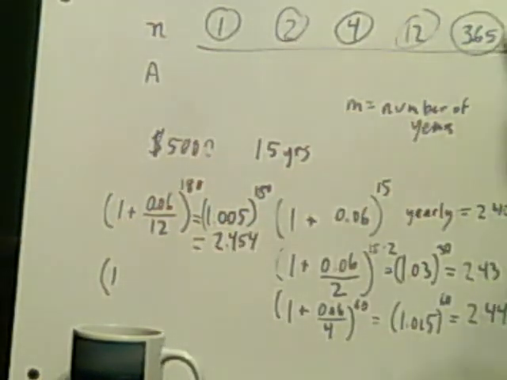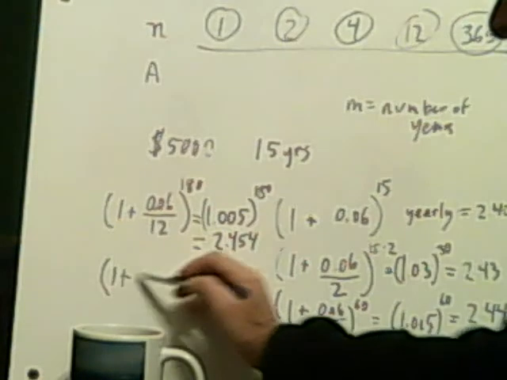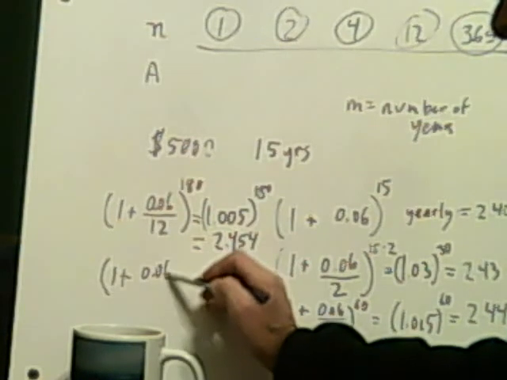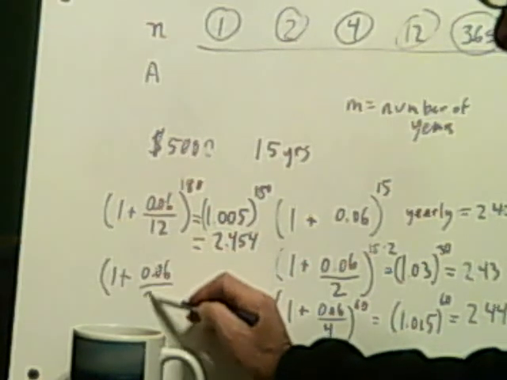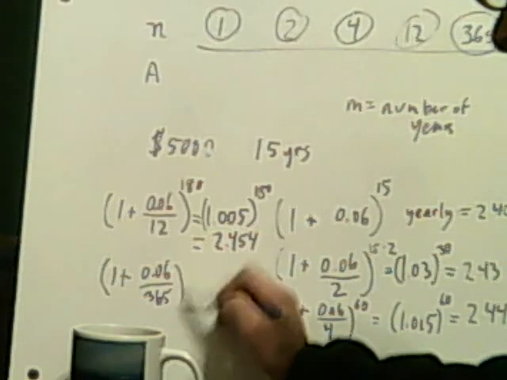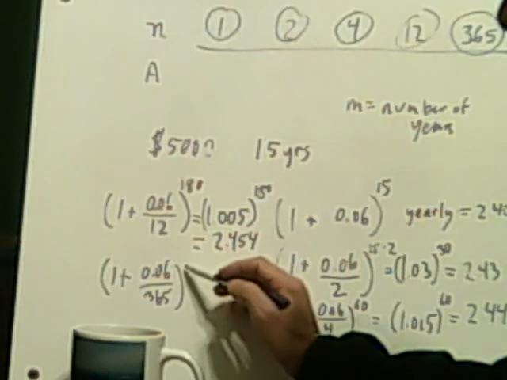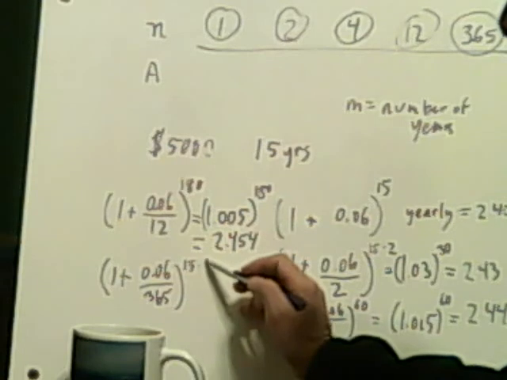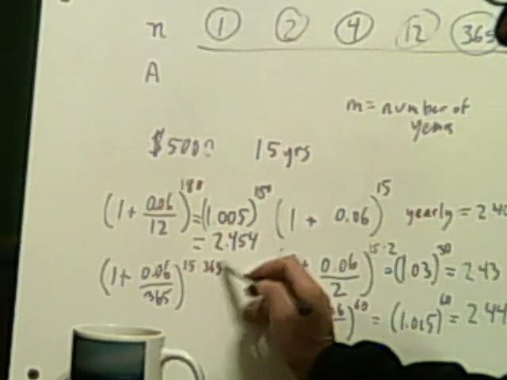Now this 365, that would be compounded daily. That's 1 plus 0.06 divided by 365, and then that's going to be raised to the power of 15 years times 365.